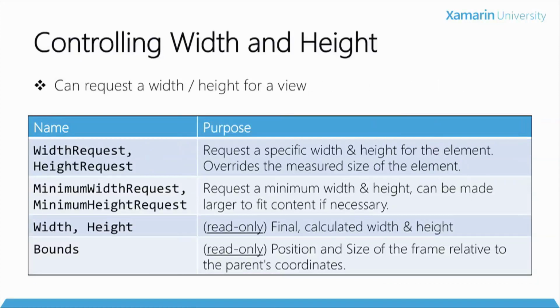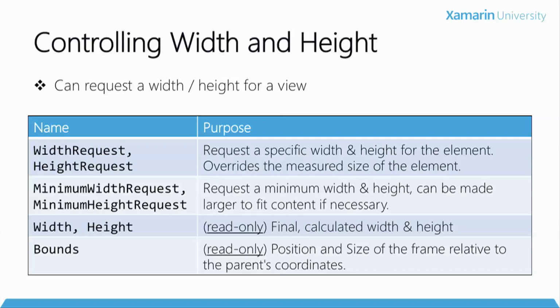So coming back to the width and height. We cannot directly set width and height. If you check the properties of the UI elements, you will find a width and height property. However, these are read-only. These are the final calculated sizes that an element will have. The same is true for the bounds property. The bounds property is the position of the element relative to its parent, and it also contains the size. You cannot modify them.